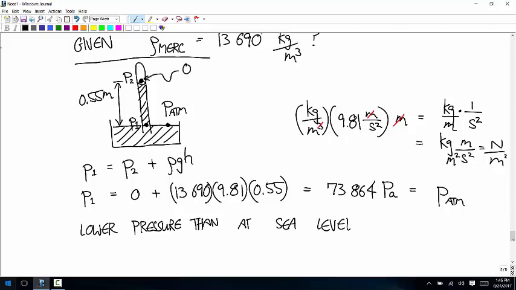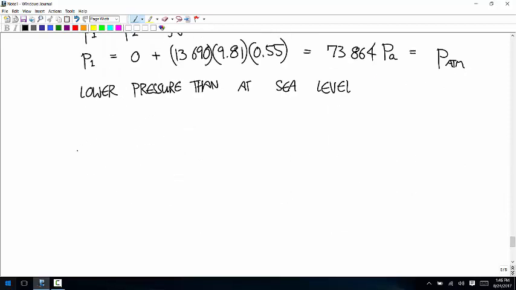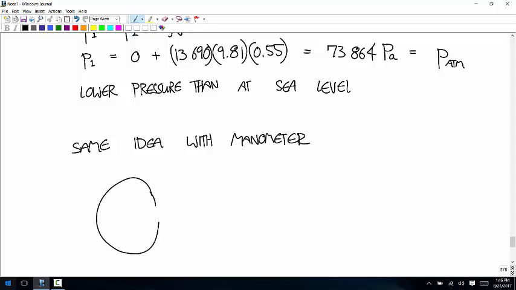The idea, if you're using a manometer, is that you just have to remember that you're also adding on the atmospheric pressure. Say the fluid goes up this high.